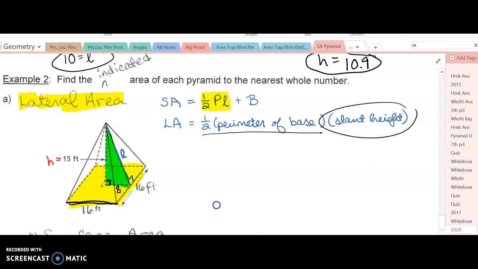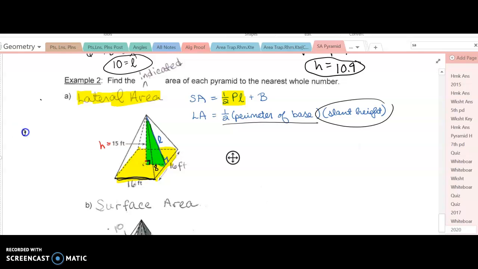And so we go to our side work and do a squared plus b squared equals c squared. So 8 squared plus 15 squared equals c squared, in this case, L, our slant height, squared. So this is a triple. I'm not sure if you know this one, but this is an 8, 15, 17. So our slant height comes out to be 17.